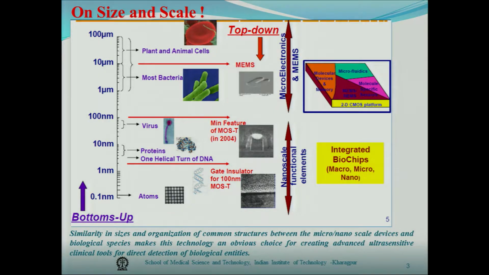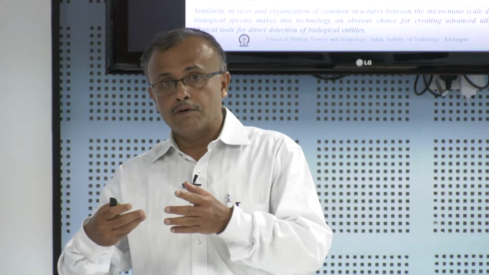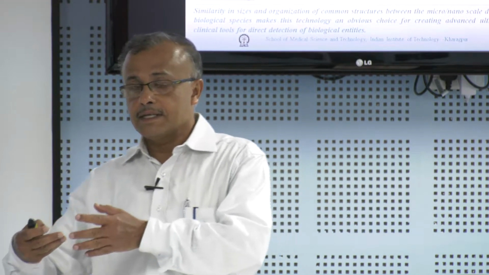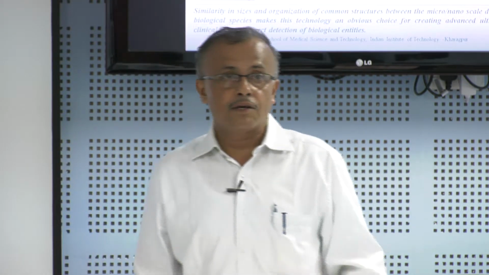I told you that you have a probe, just consider the lithography. You have optical lithography where the wavelength of the light is much smaller than your feature dimension. Now, if I go down to the submicron to the nanometer scale, the wavelength cannot be useful because you have a diffraction effect.